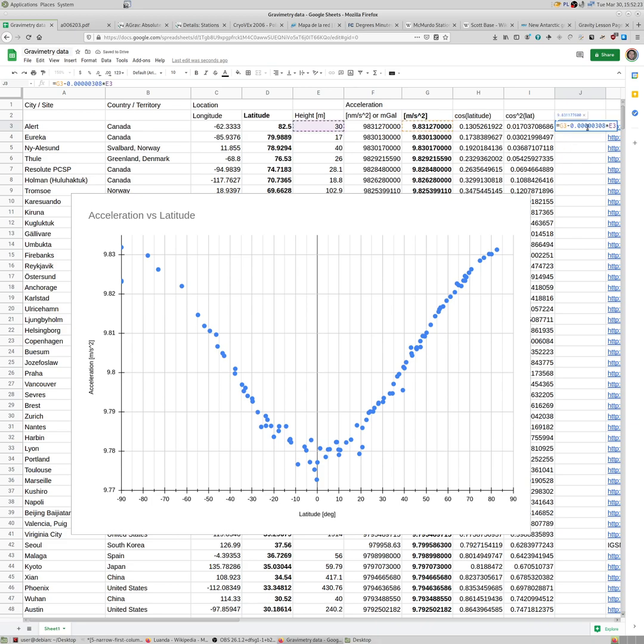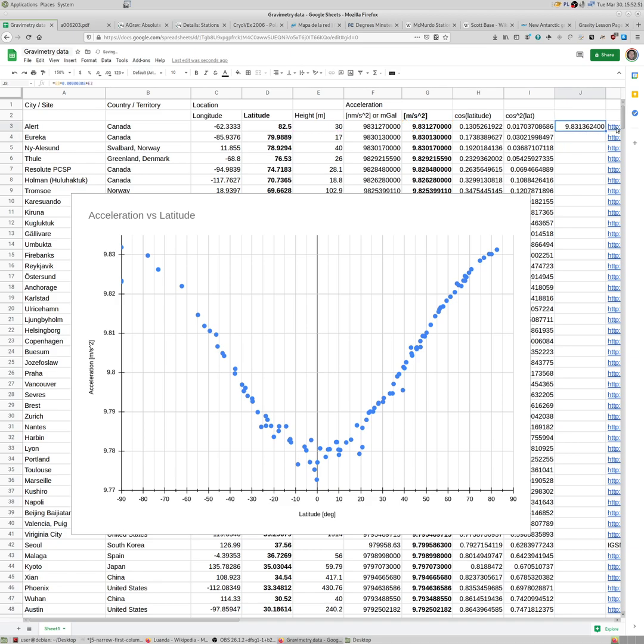Oops, A3. This will be corrected to be at the level of, is it minus? No, we need to do plus, because if we are high and now we want to correct to be closer to sea level, we need to add, because we will be closer to the center of Earth.